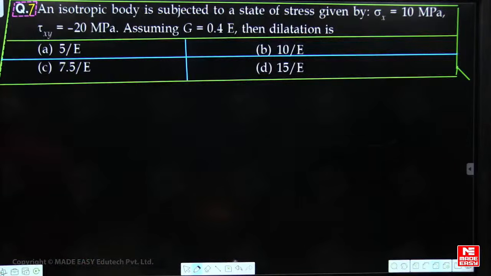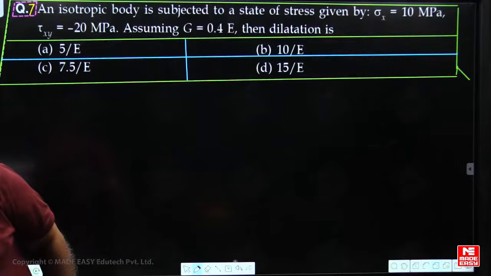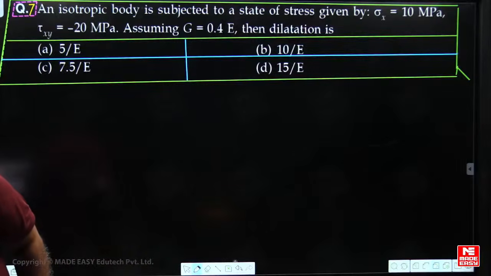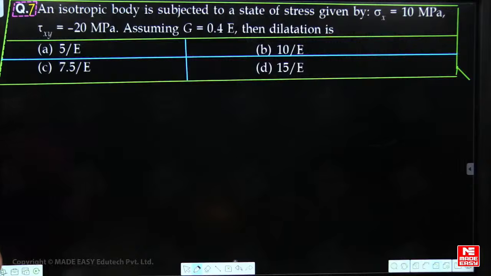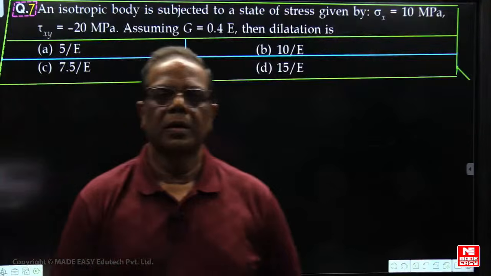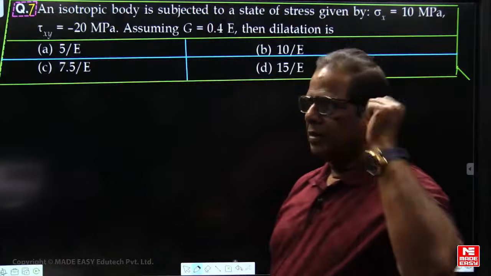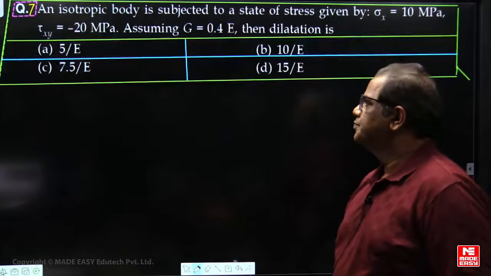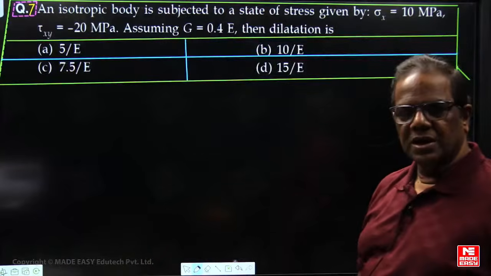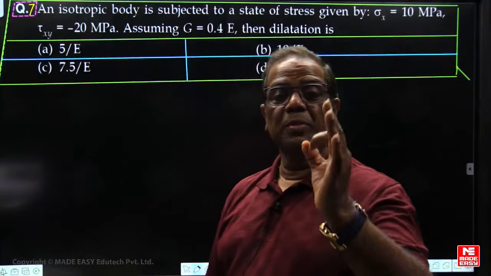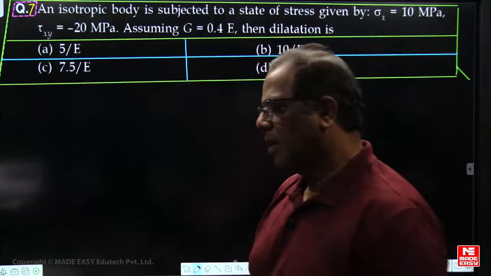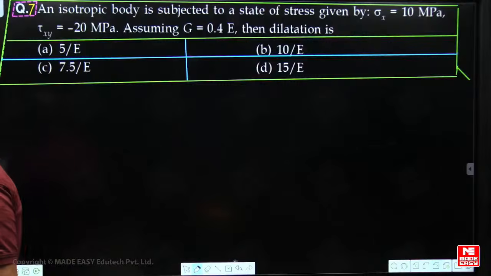So previous question, everybody has given the correct answer. Good. Dilatation. First of all, you should know the meaning of dilatation. Anybody give the answer? Quick. We'll wait for some time.